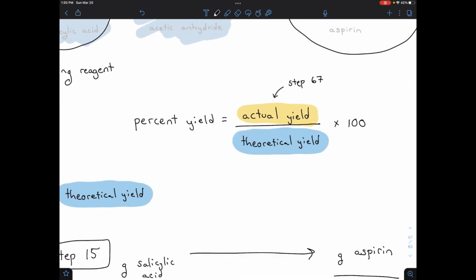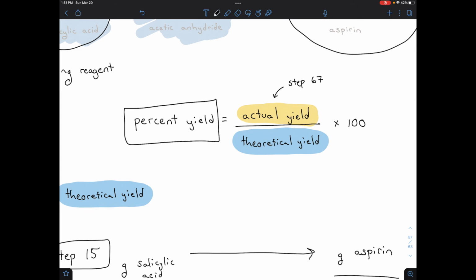We're looking for the percent yield, how much you made compared to that. So you'll take the amount of aspirin you weighed at the end of the experiment from step 67, you'll divide it by that theoretical yield we just calculated, and to make it a percent, you'll multiply by 100. That will give you the percent yield for this experiment.